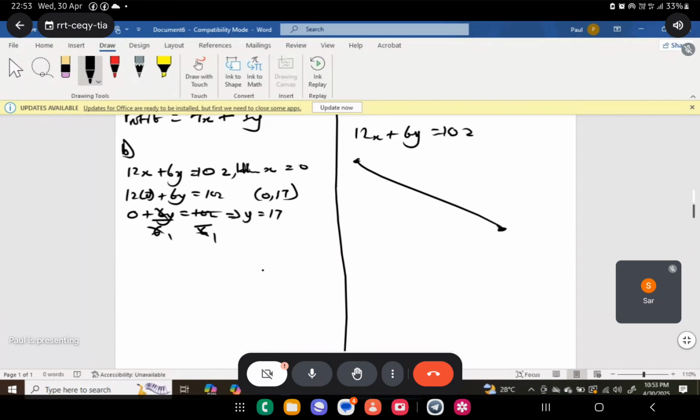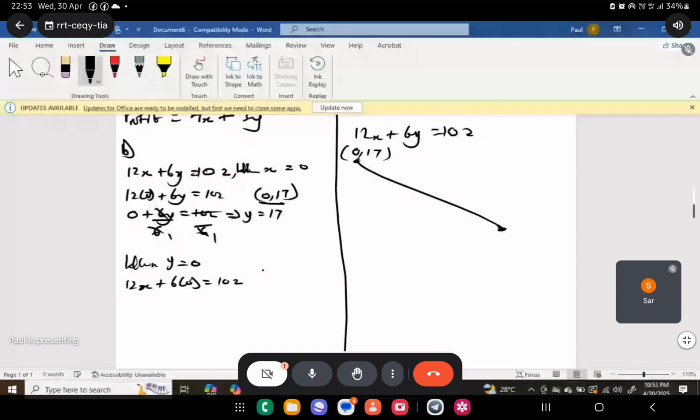So this is a point on the line, 0, 17. And maybe another point could be what we are going to find. So that one we say when y is equal to 0. So when y is 0, 12x plus 6 into bracket 0 should be equal to 102.